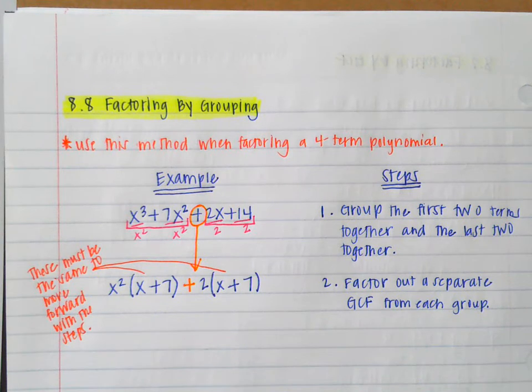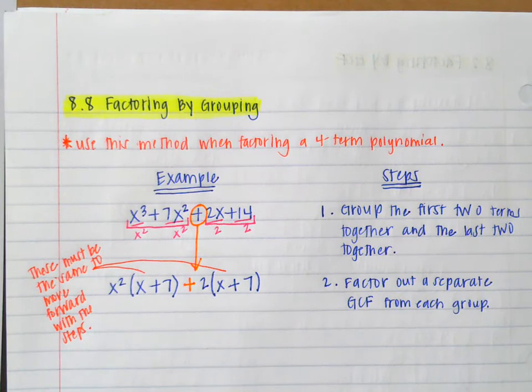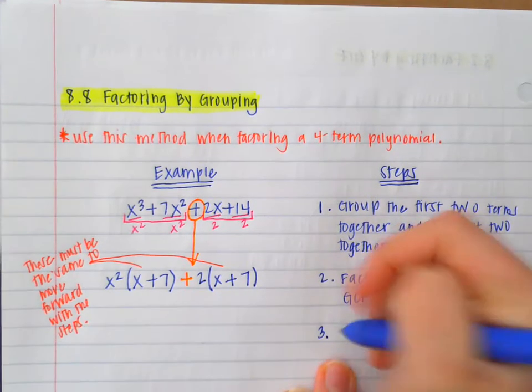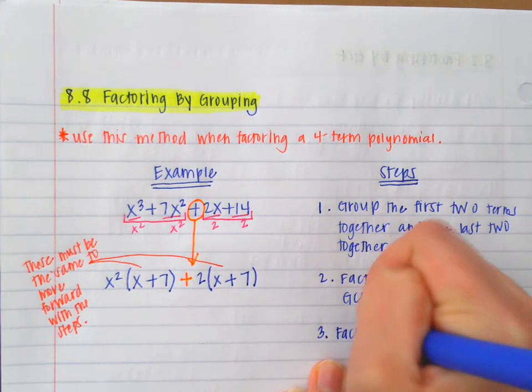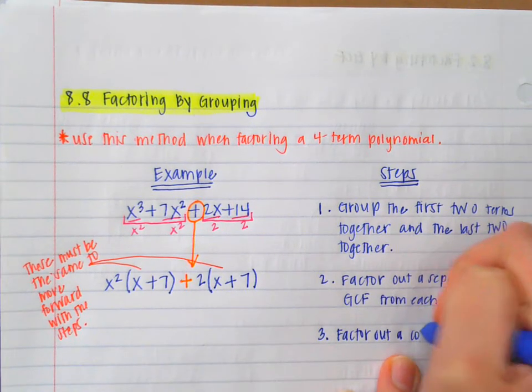So our next step is, once we've factored it separately, now we're looking at it back as one whole expression. And so our third step is to factor out a common binomial.